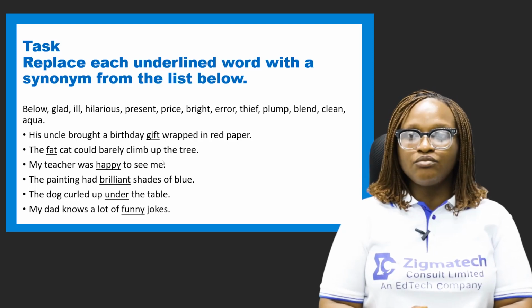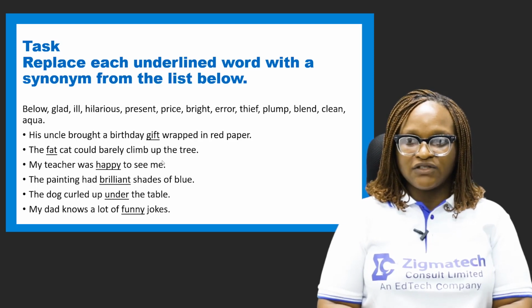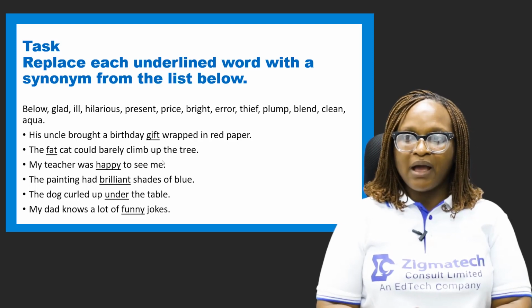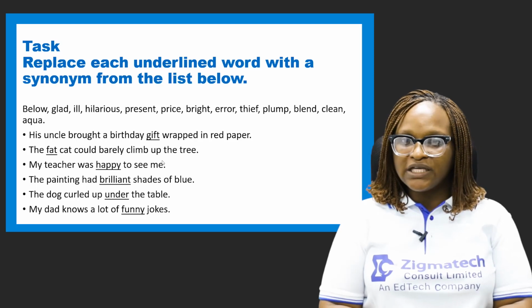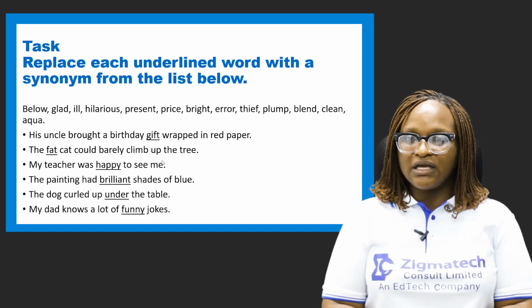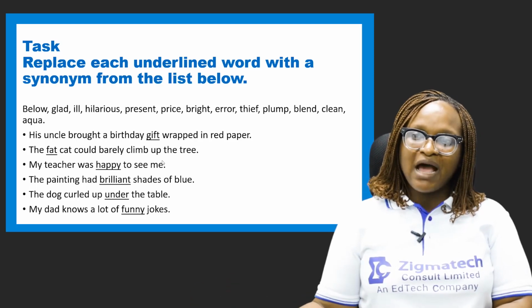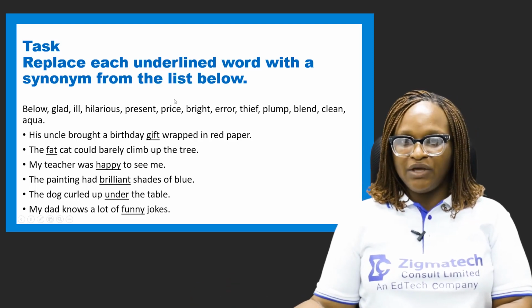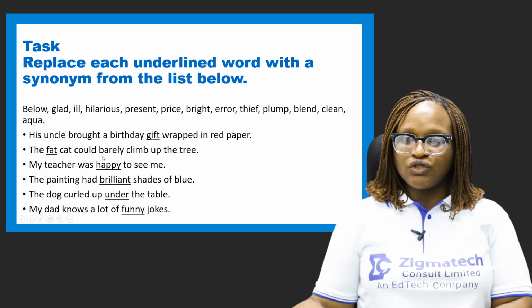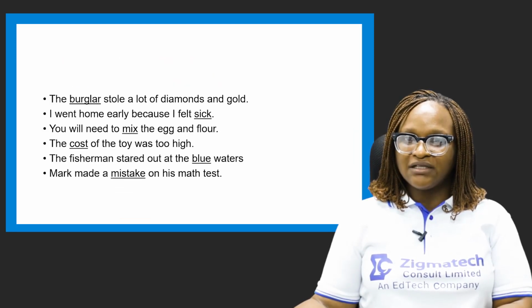So he says his uncle brought a birthday gift wrapped in red paper. So what can we replace with gift? His uncle brought a birthday present wrapped in red paper. I would encourage us to do the other task and see how far we have learned.